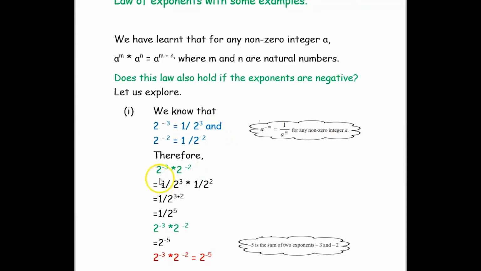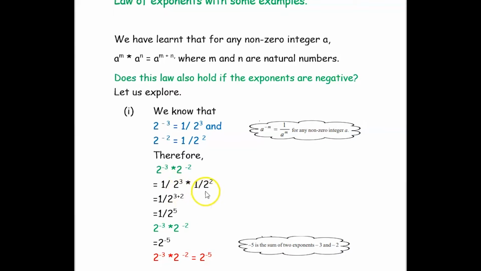Now we will see 2 raised to the power negative 3 into 2 raised to the power negative 2. We can write 2 raised to the power negative 3 as 1 divided by 2 raised to the power 3, and 2 raised to the power negative 2 as 1 divided by 2 raised to the power of positive 2. So now we have 1 divided by 2 raised to the power 3 into 1 divided by 2 raised to the power 2.